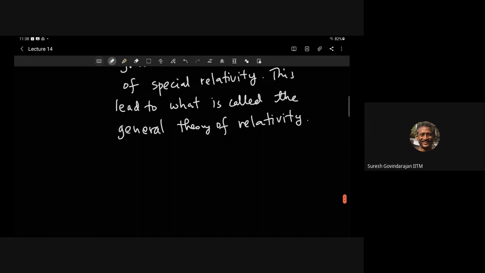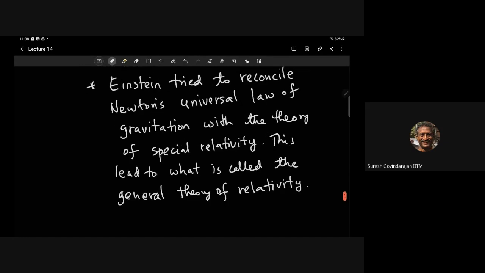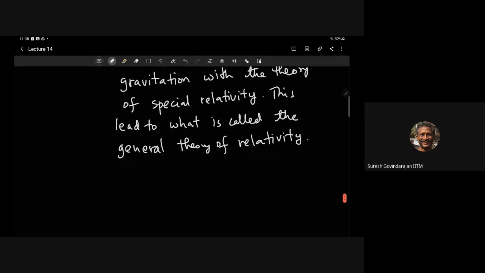So once we have this particular thing, some of the computations that we did can be adapted into that setting. Again, we will call general theory of relativity GR.